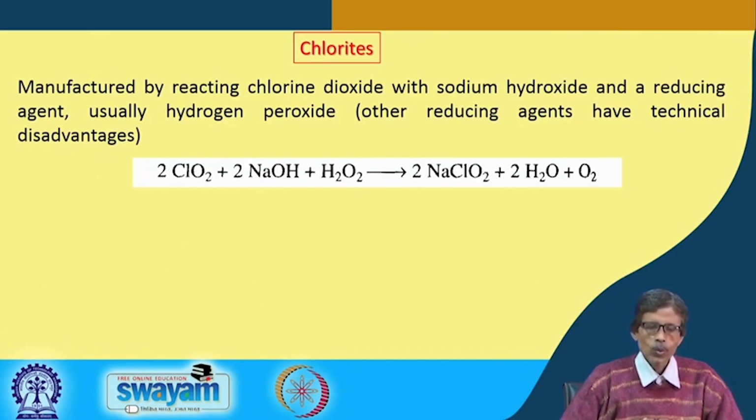The ClO2 itself was there, our chlorine dioxide, and we are converting it to ClO2 minus, that means it is getting reduced. That reduction is done by alkaline hydrogen peroxide.